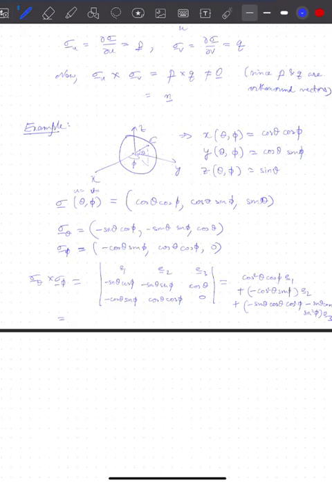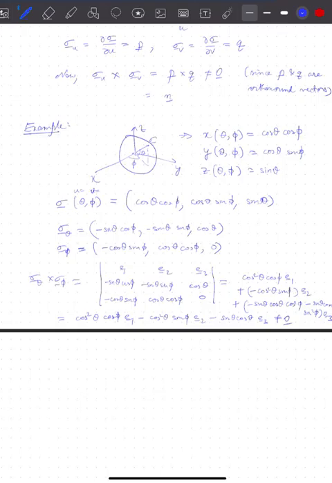So upon simplifying, what we have is cosine square theta cos phi E1 minus cosine square theta sin phi E2, right? And then minus sin theta cosine theta is common, and cos square phi plus sin square phi is equal to 1. And what you see is this is not equal to 0, right?